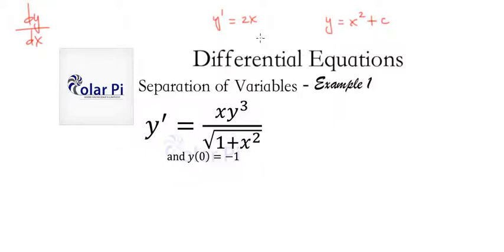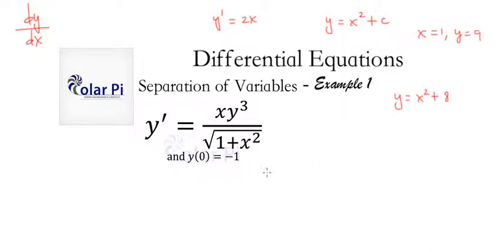But if I know that at x equals 1, y is equal to 9, then I can find a particular solution, which is y equals x squared plus 8, right?